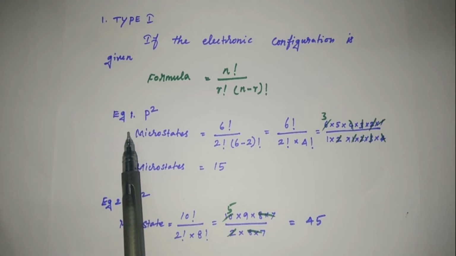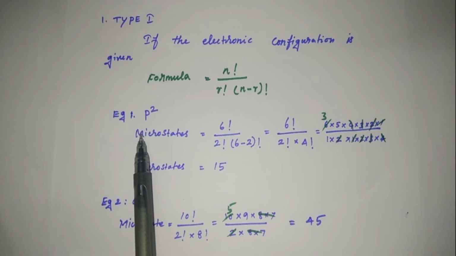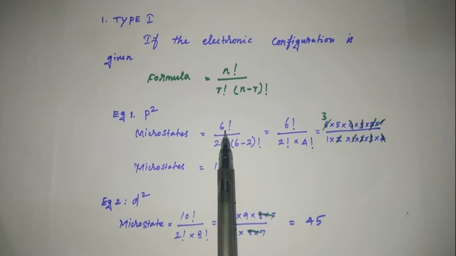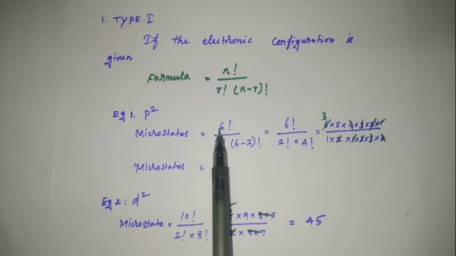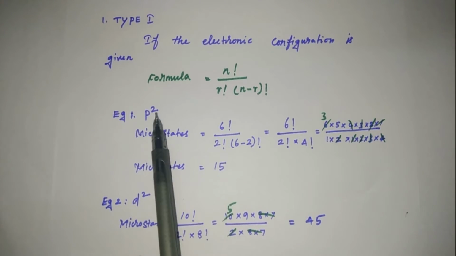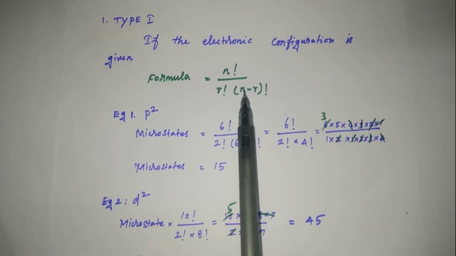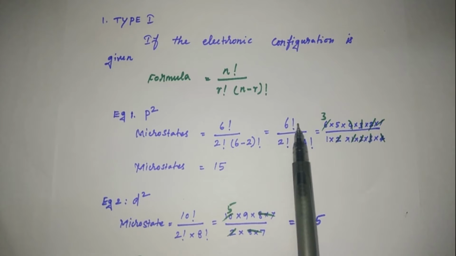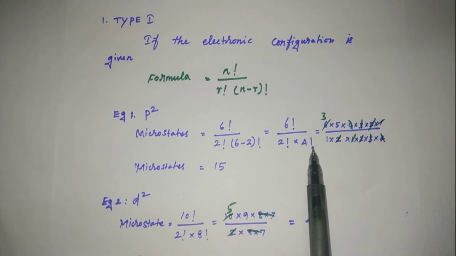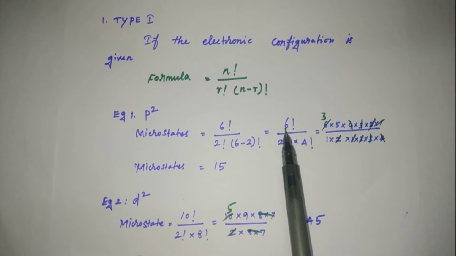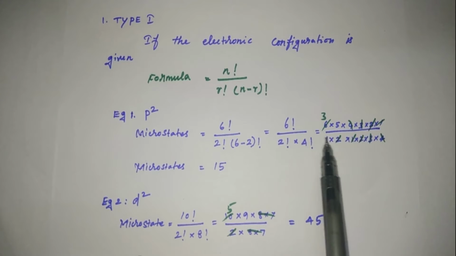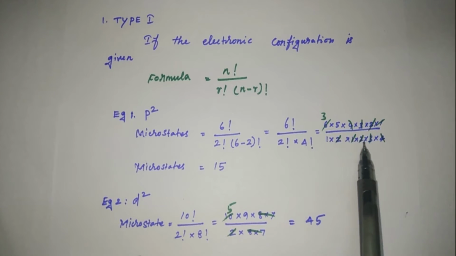For the given electronic configuration p2, we have to calculate the total number of microstates. n factorial, the value of n is 6, so 6 factorial upon r factorial, the value of r is 2, so 2 factorial into (n minus r), 6 minus 2, that is 4 factorial. 6 factorial upon 2 factorial into 4 factorial. 6 factorial is 6 into 5 into 4 into 3 into 2 into 1. 2 factorial is 1 into 2. 4 factorial is 1 into 2 into 3 into 4.